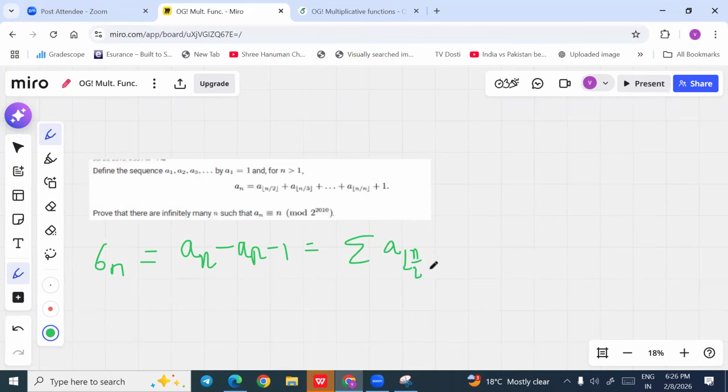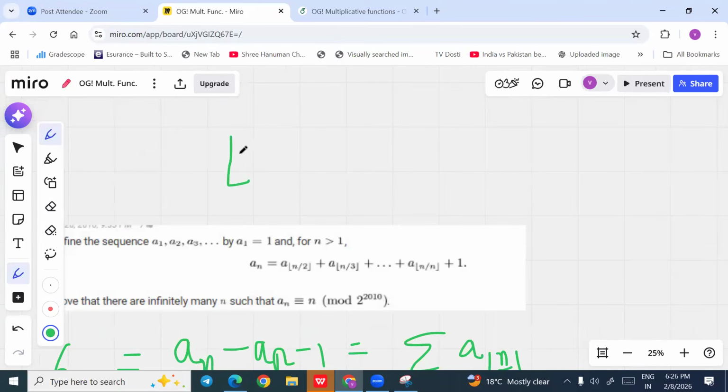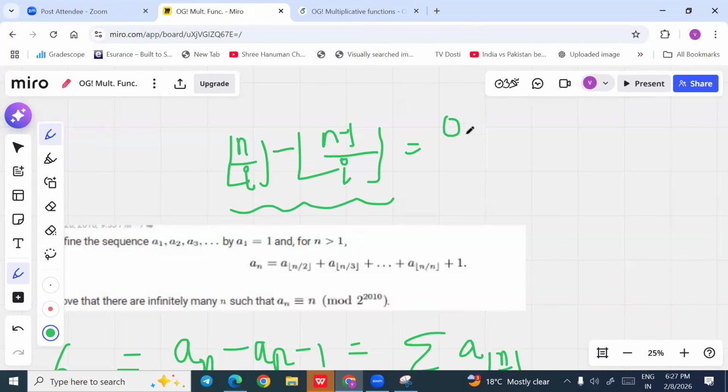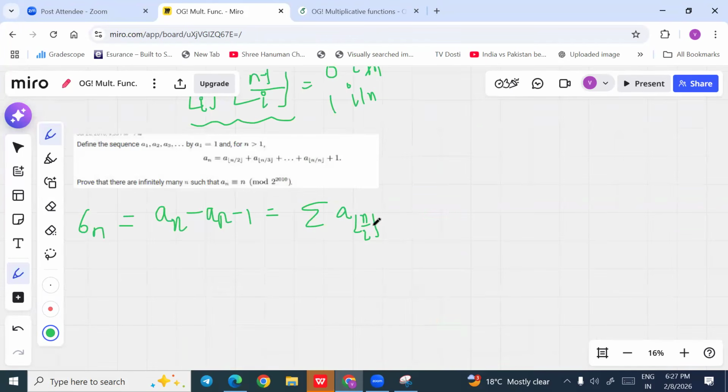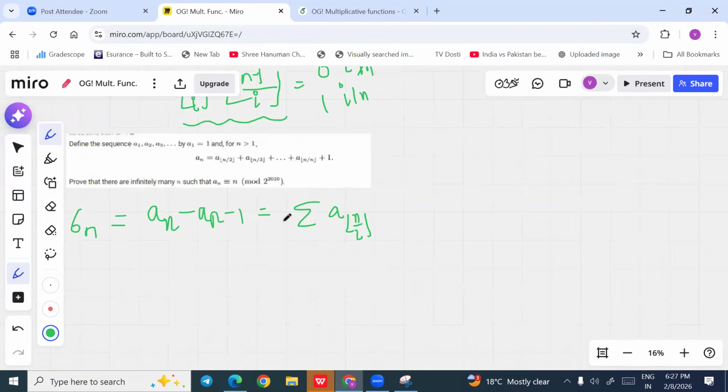What is the motivation for looking at this instead of doing other stuff? The motivation is that f of n by i minus f of n minus 1 by i is very cool. Do you see this is 0 if i does not divide n and 1 if i divides n? Okay, that makes sense. So what we essentially get is a sum over divisors of n, and then we can use the Mobius and Dirichlet convolution stuff that we have already done. That's basically the motivation.